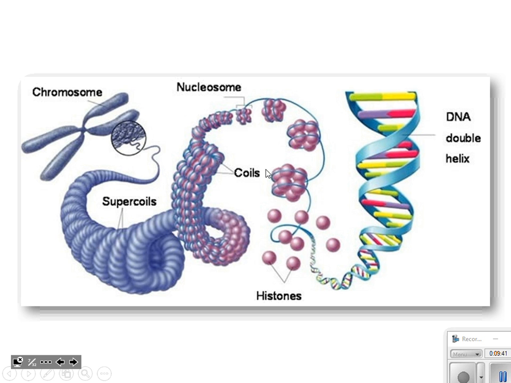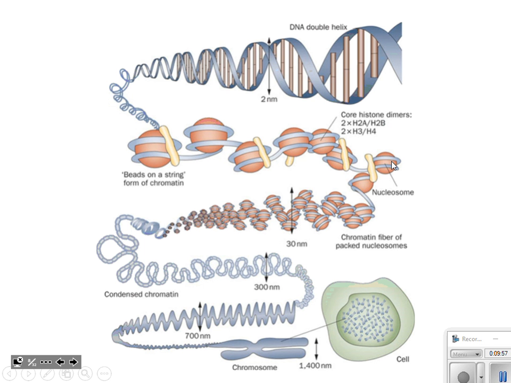Each sphere is a histone, and you can see that the DNA is wrapped around the histone. Here's the DNA, the double helix, and finally you can see the nitrogenous bases. Here's another picture of that. Once again, the cell, the chromosome, the histone with the DNA wrapped around it, the double helix, and the nitrogen bases.